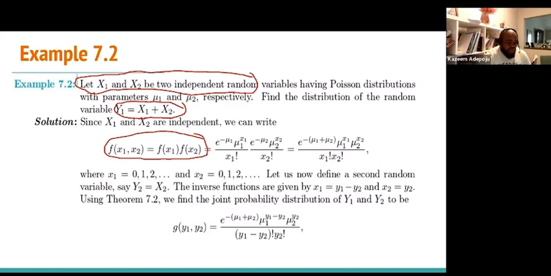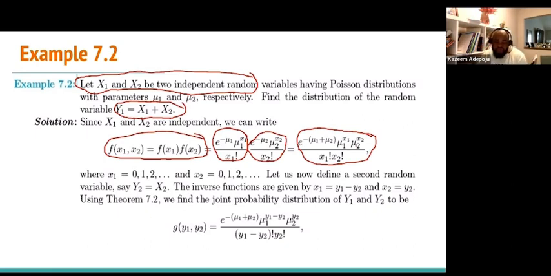This is the Poisson for x1 and this is the Poisson for x2. Don't forget that x1 follows Poisson with parameter mu1 and x2 follows Poisson with parameter mu2. We multiply them, and by the time you simplify, this is what you have. This becomes the joint PMF.